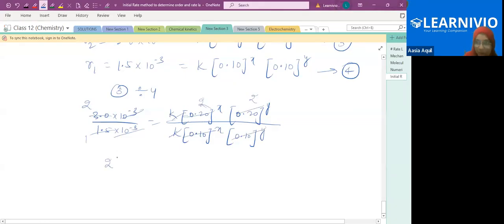So 2 raised to the power 1 equals 2 raised to the power x into 2 raised to the power y. So 2 raised to the power 1 equals 2 raised to the power x plus y. The base is the same, so x plus y equals 1. And we have just calculated the value of y, so put that value in here. It will give you x plus 1 equals 1. So here x equals 0.